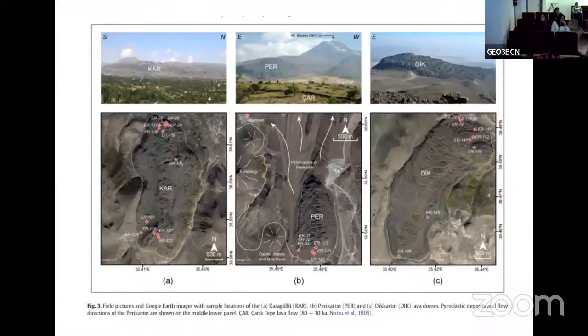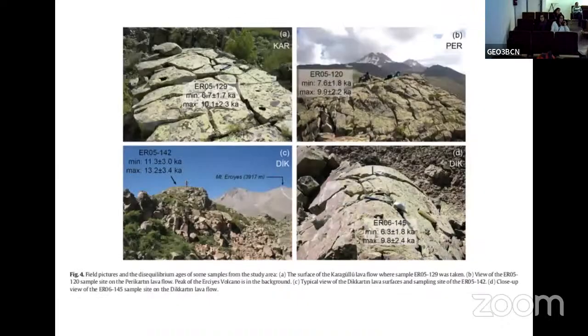Okay, 3 of them. Those are lava flows, Kar, Per, and Dik. Beautiful lava flows, very fresh looking. You can see the lava flow, and those are the sample sites here. The ages are pretty nice, actually.